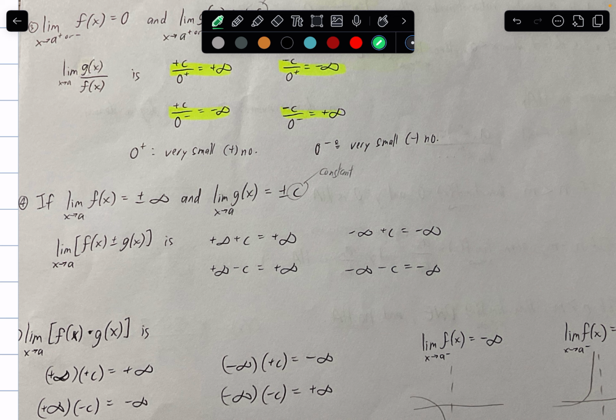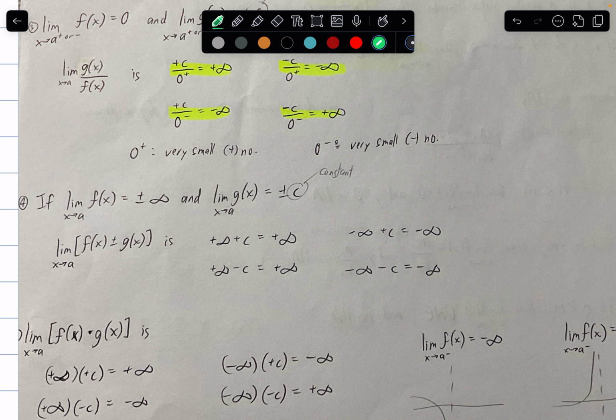Infinity plus a constant, that's obviously going to be a bigger infinity, or it doesn't basically change. Infinity is without bound, right? So if we add a constant, that doesn't change much. It's still going to be a positive infinity. If we have a positive infinity and a negative constant, we apply the same concept. Positive infinity is without bound, and we just have a negative constant.